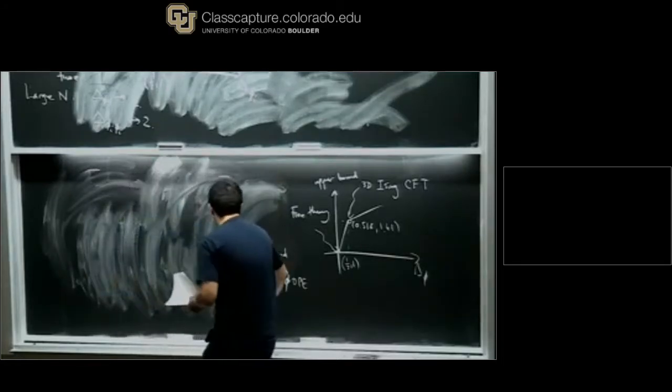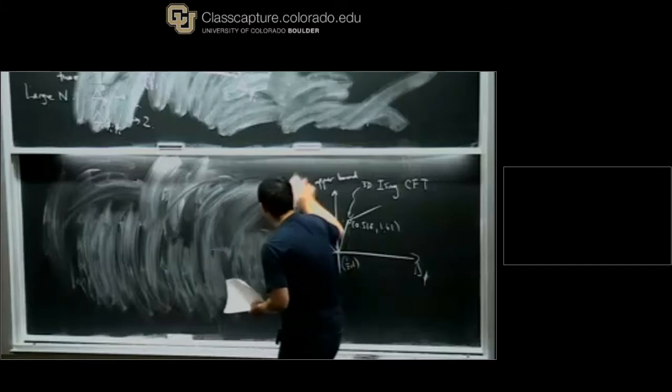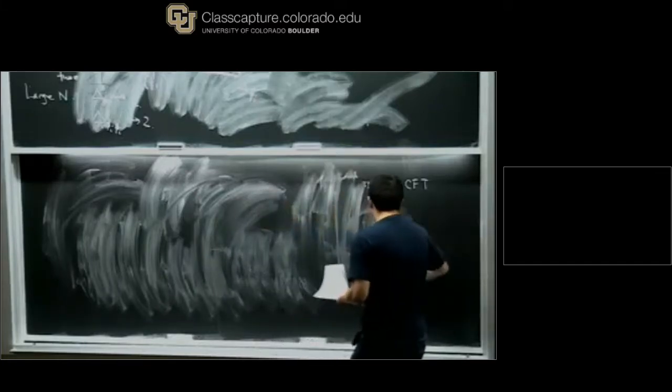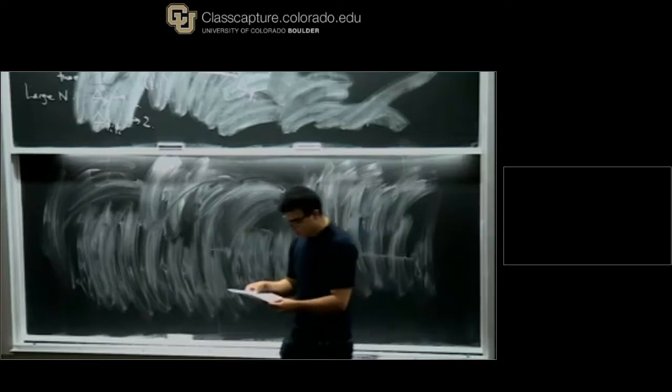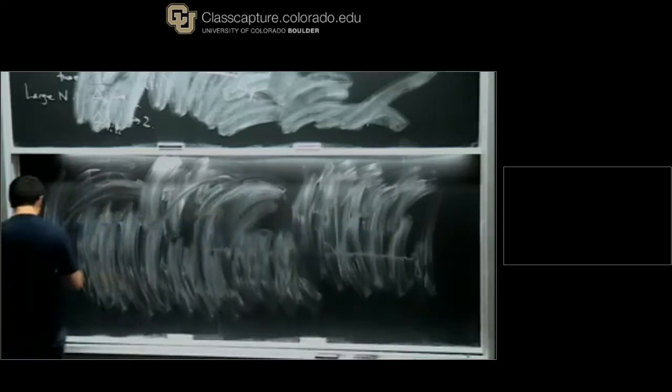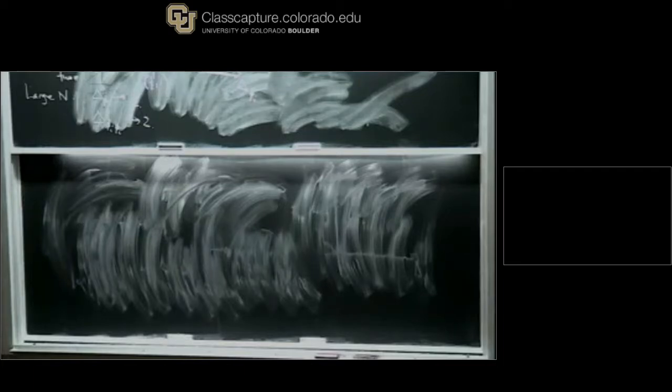Okay, so this is another case where there's a kink, just like in the Ising model, and I wanted to show you another one that's a little more involved, and I just want to give you a feel for how much more involved it is.